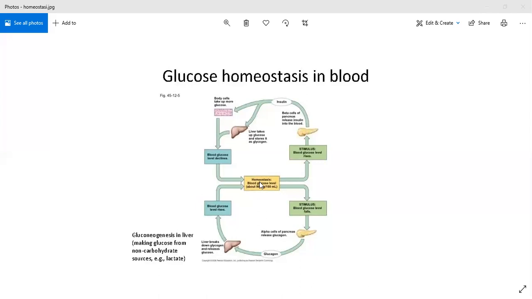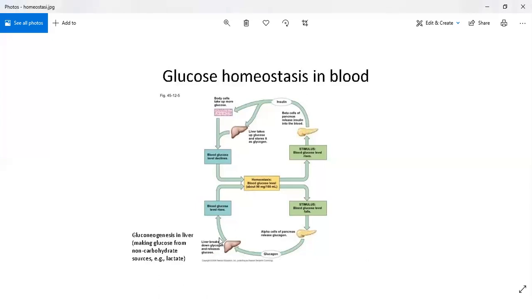Now, there's one other hormone that also plays a role in glucose homeostasis. Imagine that somebody has hypoglycemia, very low glucose level, and glucagon has been released.